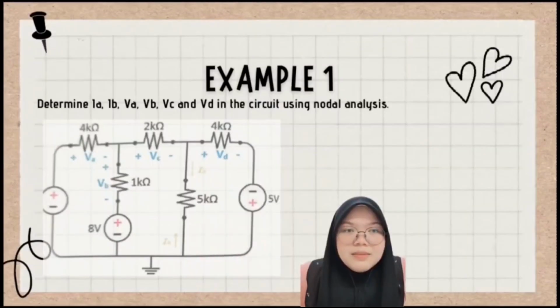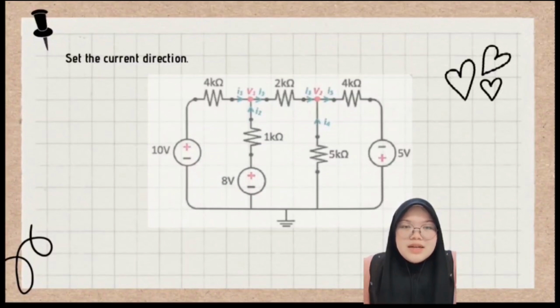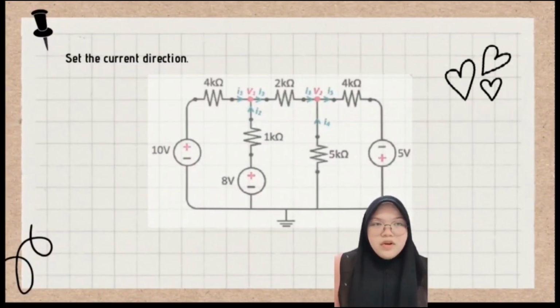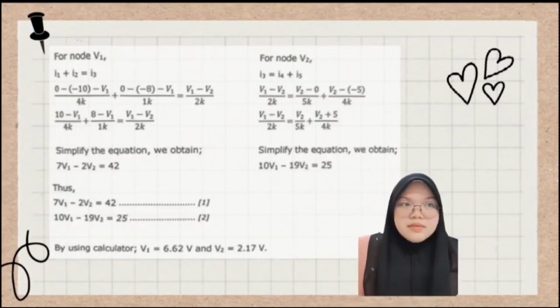The example is to determine IA, IB, VA, VB, VC, and VD in the circuit using nodal analysis. The first step is we need to set the current direction. For node V1, I1 plus I2 equals I3, which is (0 minus negative 10 minus V1) over 4K plus (0 minus negative 8 minus V1) over 1K equals (V1 minus V2) over 2K.